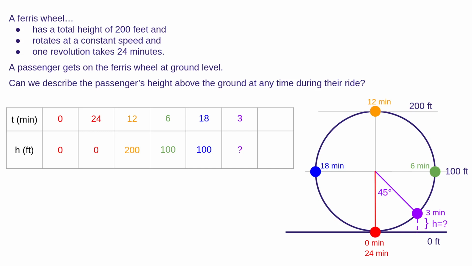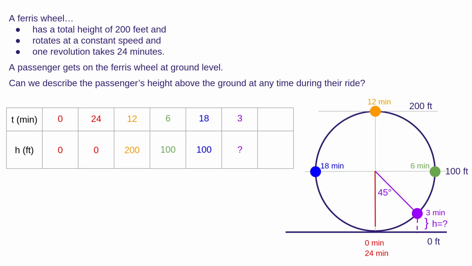The height's not halfway there, but the angle is, because that's how Ferris wheels work. They rotate. And this one rotates at a constant speed, so we've rotated 45 degrees from that red point at the bottom where we started. I have gotten rid of that red point just for some extra space to work.